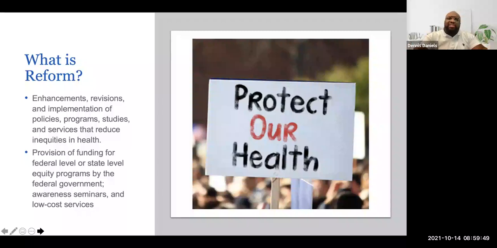And really, this extends to the provision of funding for federal level, state level, and even local level equity programs, either by the federal or state governments, and in some cases nonprofit organizations on the local levels, that can spread awareness through seminars, providing low-cost services to underprivileged populations who are at an economic disadvantage.